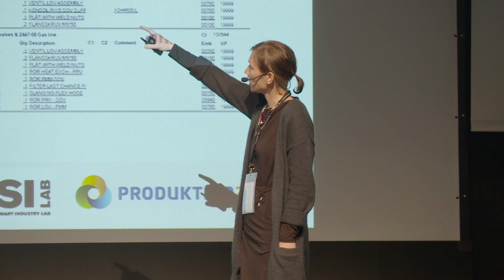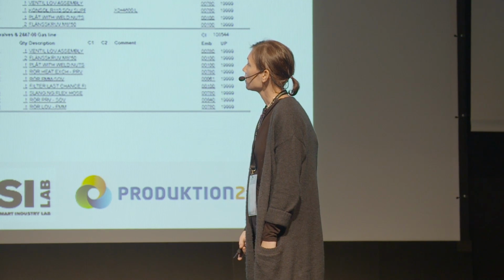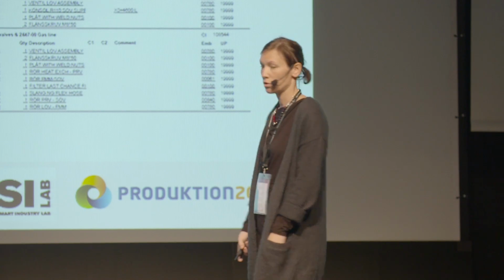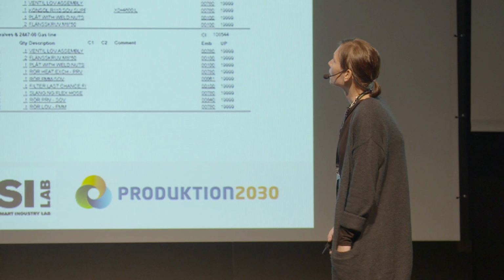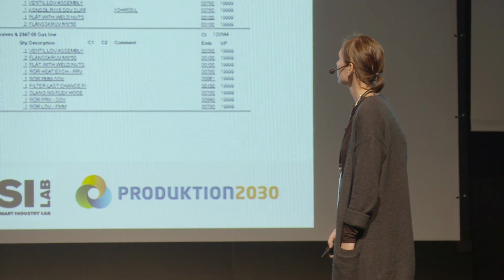And they also have pictures and text on the side to show them how to assemble. And that's probably the most advanced instructions in the world right now. And they are developing it together with Boeing in US.